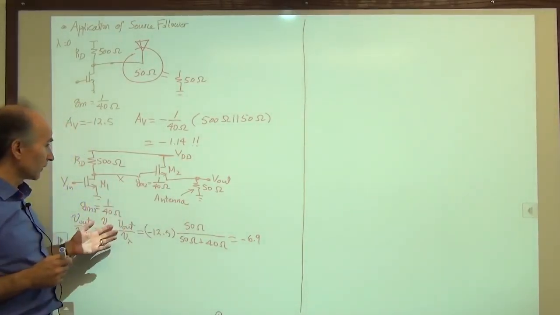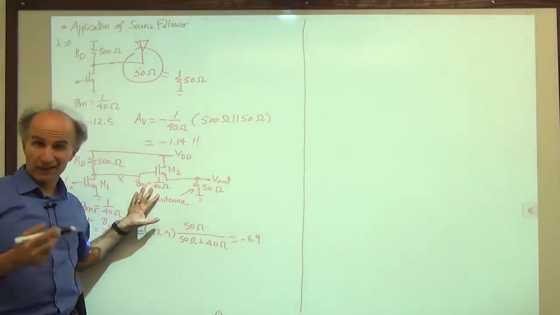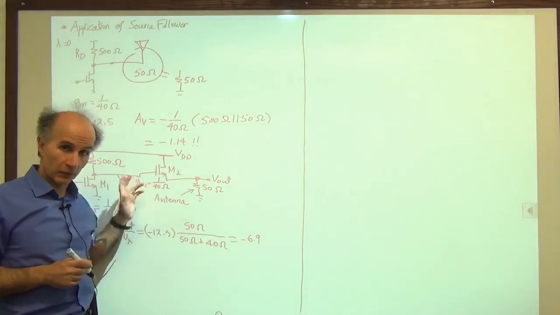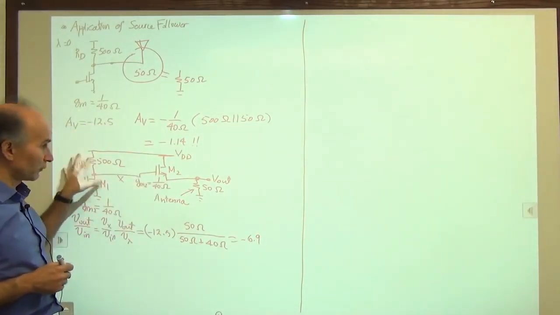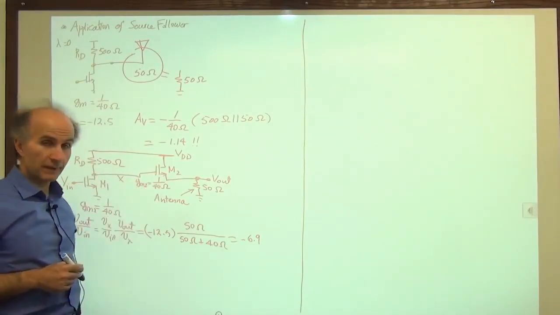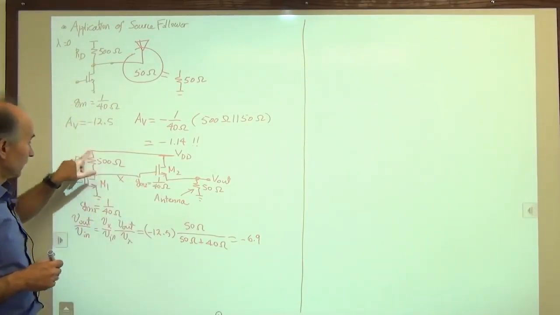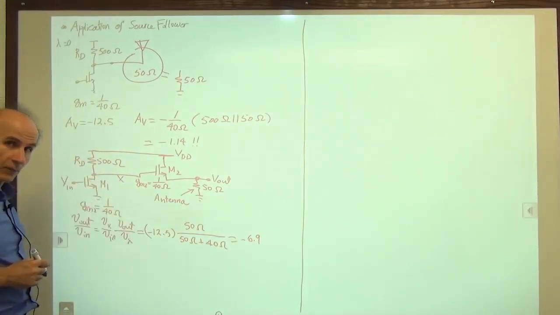So this is an example of how a source follower serves as a buffer, and really this is the only application of source followers, good buffers or moderate buffers in many cases where we have to drive a heavy load. So this shows that we could do this in case the common source stage itself has difficulty driving 50 ohms.